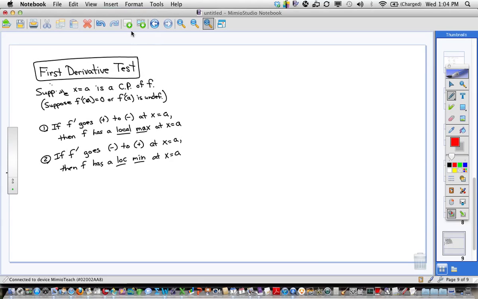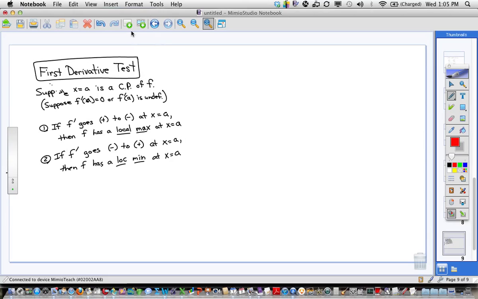All right. If we look at page 56 in our book, I want to say one more time this thing about increasing and decreasing.